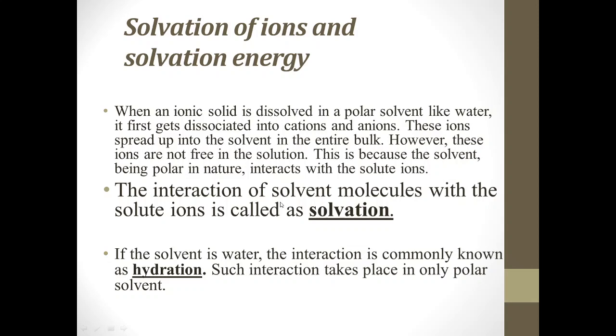The interaction of solvent molecules with the solute ions, that is cations and anions, is called solvation. If the solvent is water, the interaction is known as hydration, and this type of interaction is shown only by polar solvents.